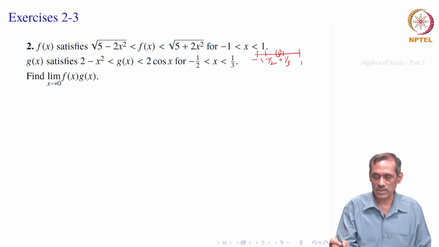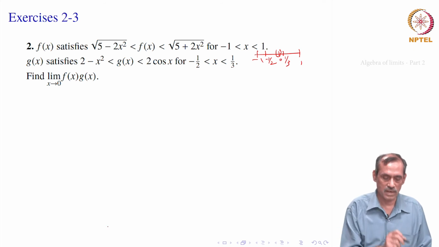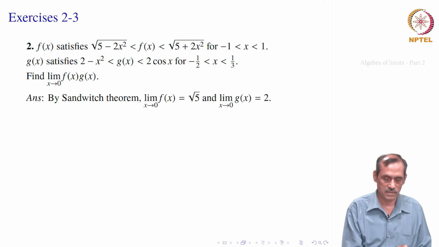That delta should not exceed 1 by 3, that neighborhood should be inside this, and we can always limit that way, because a limit needs only nearness, we can make it smaller even. Okay. So, assume that both the inequalities hold for x near 0 and try to find out f x g x, that is our question.